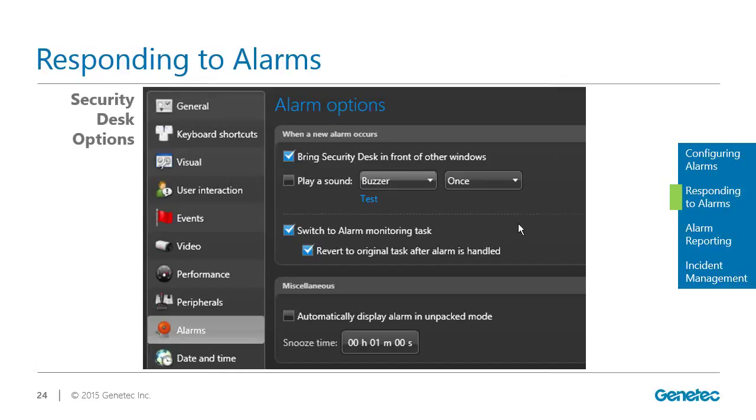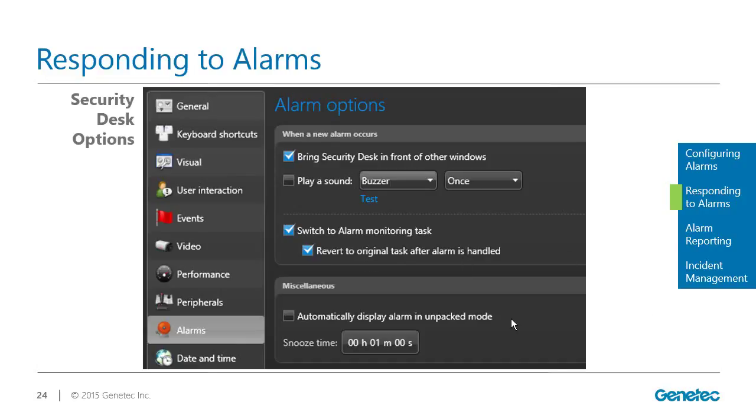And if we're actually in the security desk, we can say if we want to switch to the alarm monitoring task to override whatever they're doing at the moment. And then once we've handled the alarm and it's acknowledged, we can also say to go back to whatever they were doing, just as a helpful workflow option here.